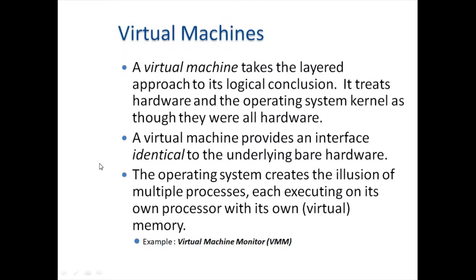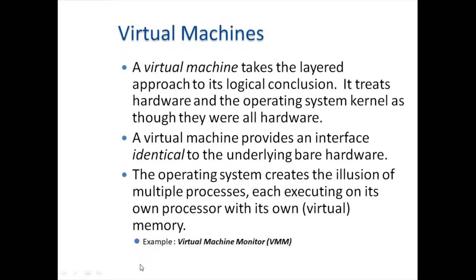And virtual machines. A virtual machine takes the layered approach to its logical conclusion. It treats hardware and the operating system kernel as though they were all hardware. A virtual machine provides an interface identical to the underlying bare hardware. Here, the operating system creates the illusion of multiple processes, each executing on its own processor with its own virtual memory.